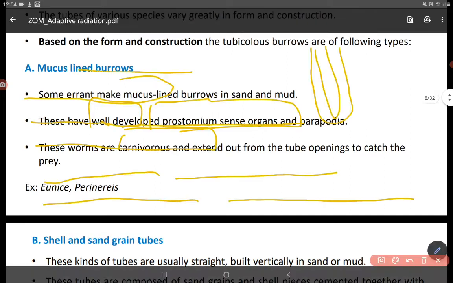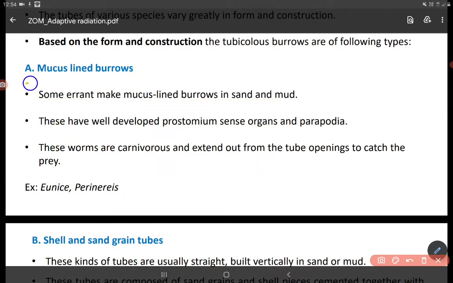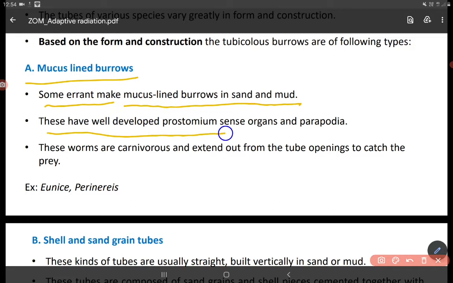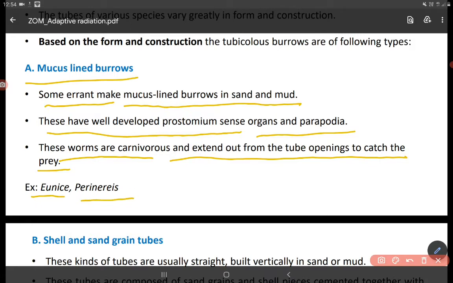Start with mucus-lined burrows. Some errants make mucus-lined burrows in sand and mud. These have well-developed prostomium, sense organs, and parapodia. These worms are carnivorous and extend out from the tube opening to catch prey.